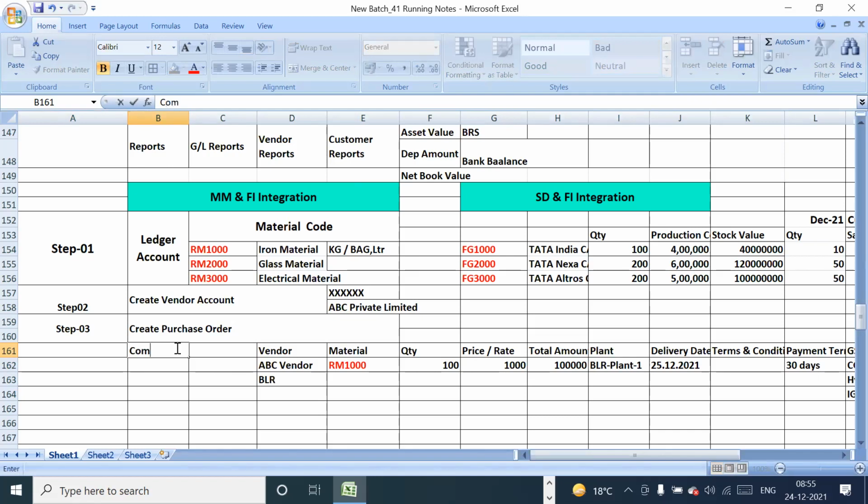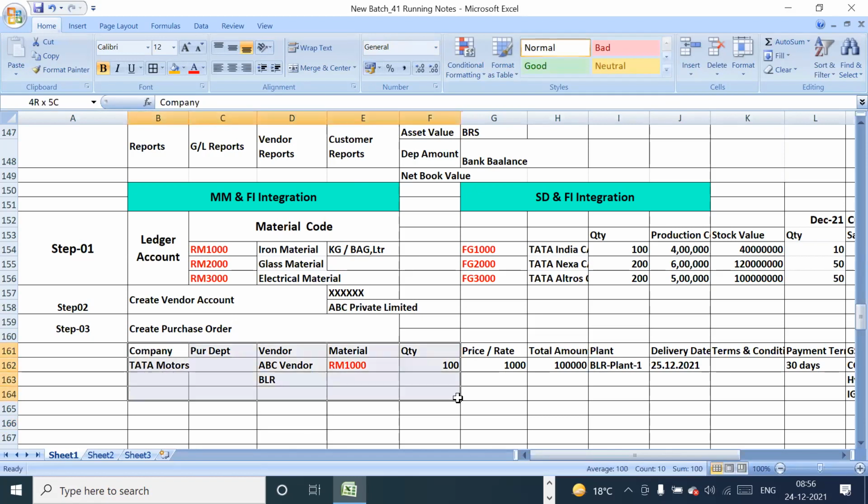How to specify the company? Assume that I am going to buy for Tata Motors. I have to specify which company you are going to buy for. Then we have to specify the purchase department, who is going to buy this material.